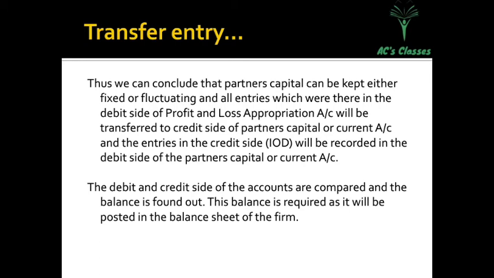Thus, we can conclude that the partner's capital can be kept either fixed or fluctuating, and all entries which are there in the debit side of the profit and loss appropriation account will be transferred to the partner's capital or current account, and the entries in the credit side will be recorded in the debit side of the partner's capital or current account. So the transfer entry is very, very important because it is required to find out the balance at the end of the year.